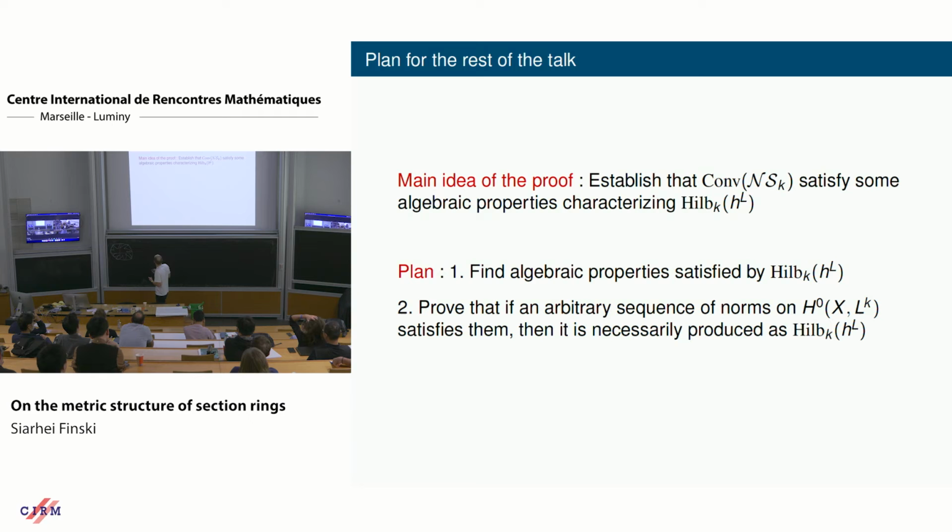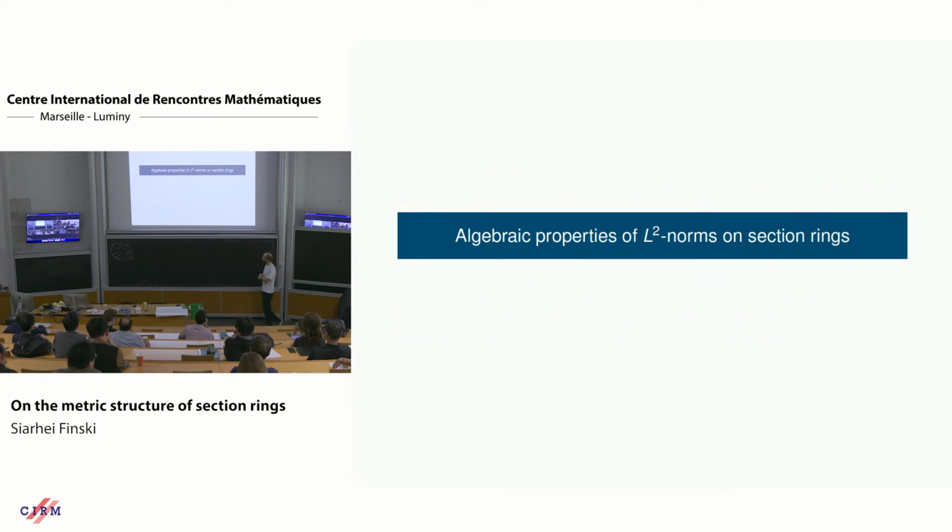So the plan for the rest of the talk will be to first find certain algebraic conditions which are satisfied by the Hilbs, and then show that those algebraic conditions are actually characterizing for this sequence of norms. I'd like to start with the first part, which is about finding the algebraic properties satisfied by the L2 norms on the sections.